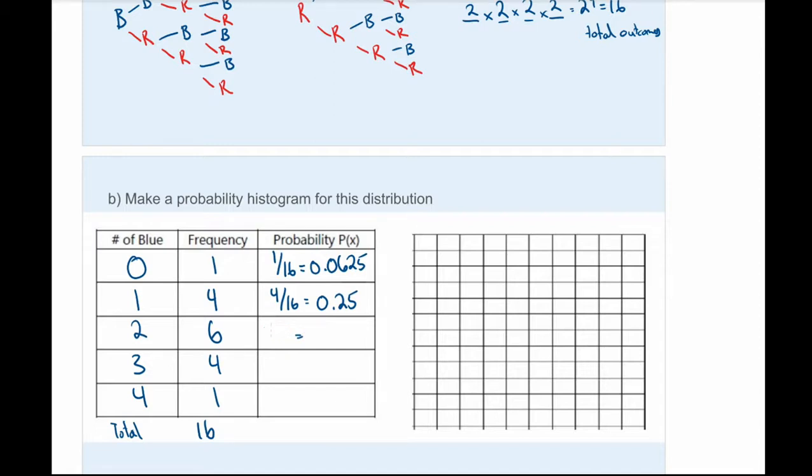Let's keep it as 6 out of 16, 0.375. 3 blues, again 4 out of 16, which we know is 0.25. And 4 blues is 1 out of 16, 0.0625.